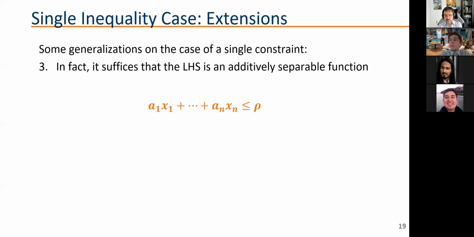And from here, it's a single step to realize that if we have discrete variables, no matter what the domain, we can just transform each one of these terms into a function on each variable. So our left-hand side can be an additively separable function, where these functions can look like anything, because if they're independently applied to each one of the variables, and the variables have discrete domains, we can still calculate these right-hand sides the same way.